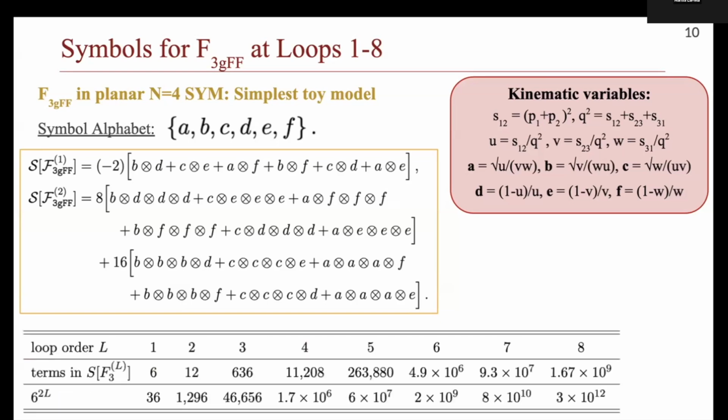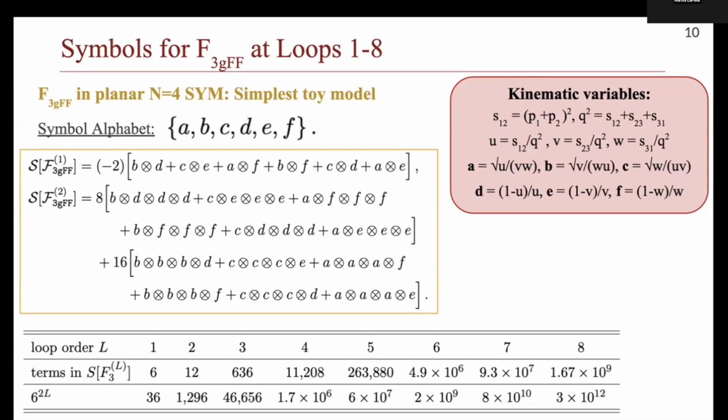However, if you look at this table, this is how many terms you will have once you go to higher and higher loops. Naively, if there are no relations whatsoever in the terms for the symbol, then at each slot you will have 6 choices and you have 2L slots. So that is why the naive count is 6 to the 2L.